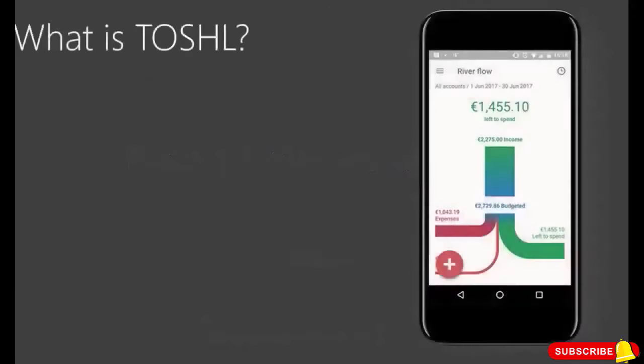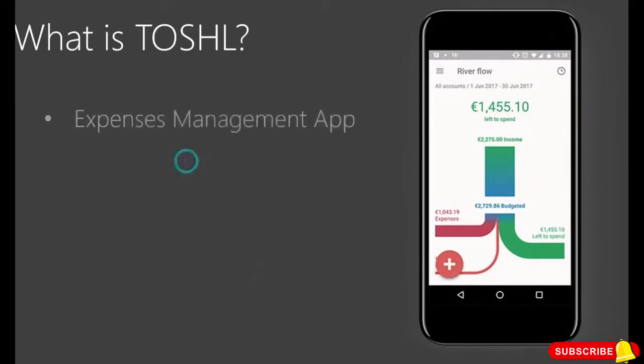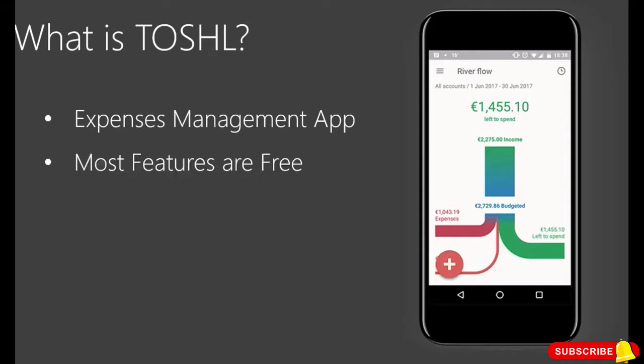So what is Toshel? Toshel is an expenses management app. It lets you record your expenses, put them into categories, and also record your incomes. Most of Toshel's features are free. You don't need to buy them unless you need some premium features like attaching photos to your records or managing multiple accounts.